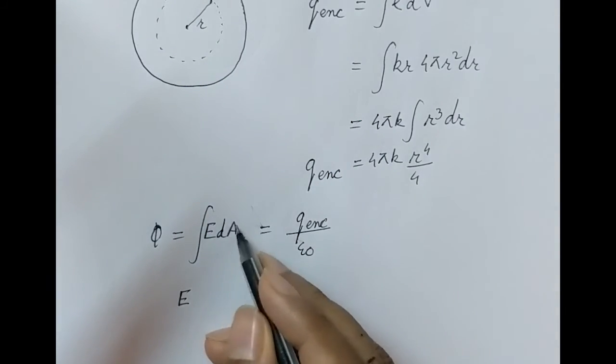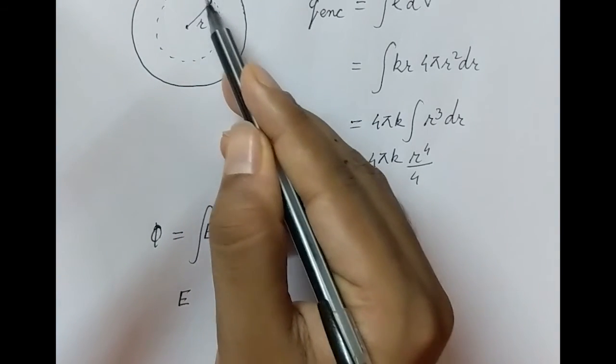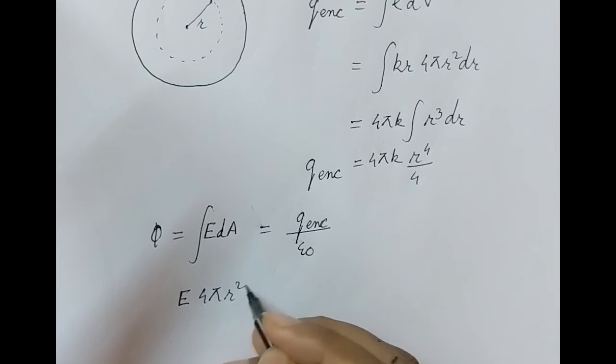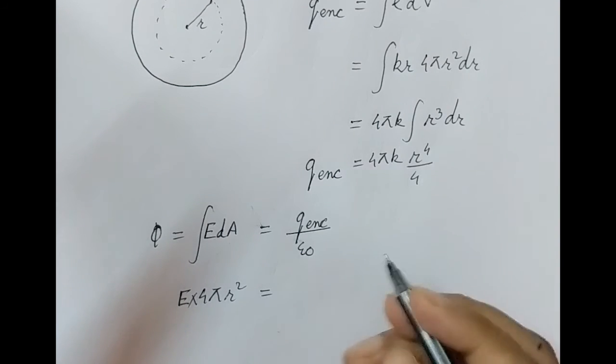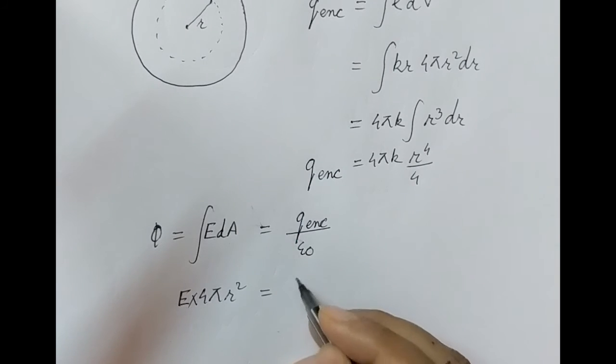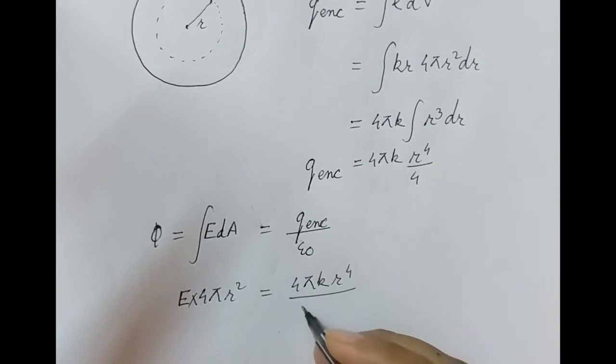So E into the integration of the total area of our constructed Gaussian sphere is the total surface area of the sphere, that is 4 pi r square. That is equal to the enclosed charge. We put the values which we have calculated, 4 pi k r to the power 4 divided by 4, and the epsilon naught that was there.